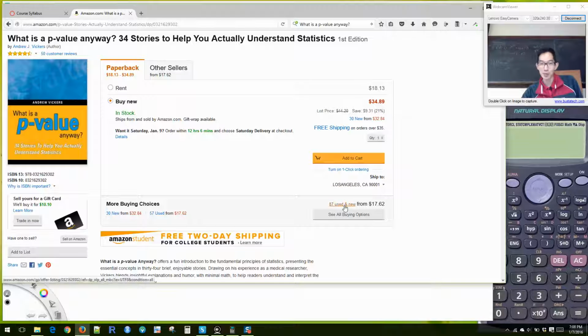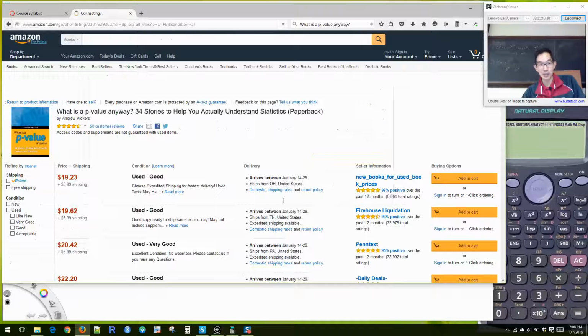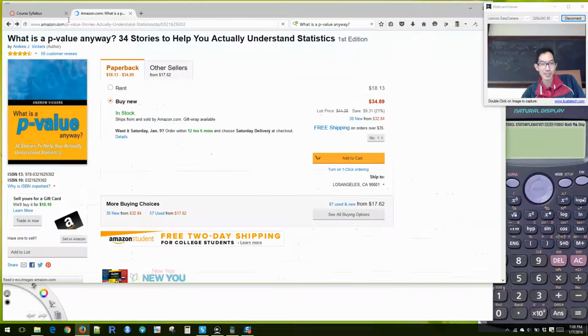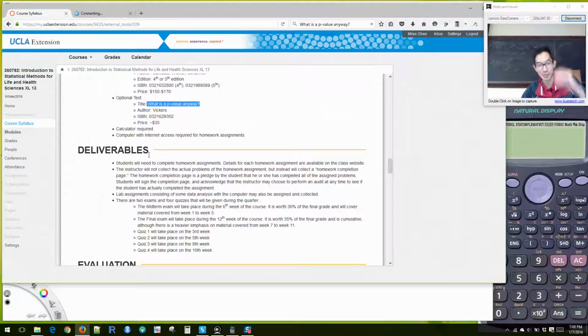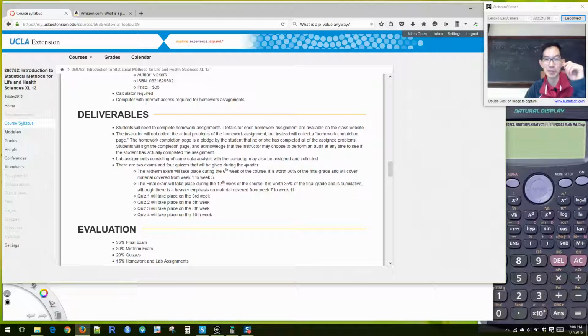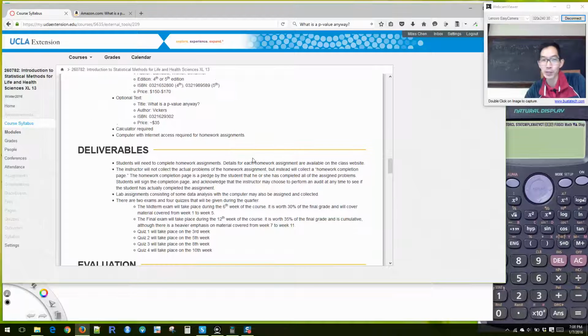So maybe you can get it used, but anyway. That's how Pearson makes their money, by renumbering textbook problems and releasing a new edition. So anyway, that's what we have going on.